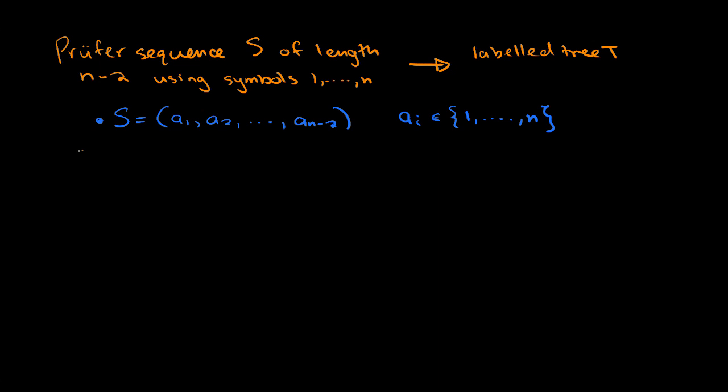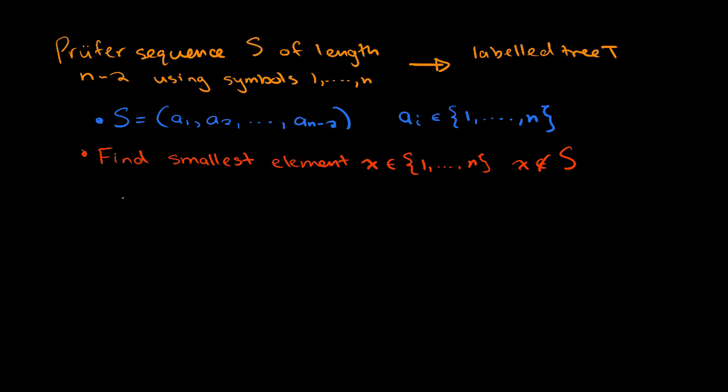Okay, so this is our sequence, and here is what we do. We follow this little step-by-step algorithm. Step 1: find the smallest element x, which is in the set 1 to n but is not in S, so x is not in the Prufer sequence.